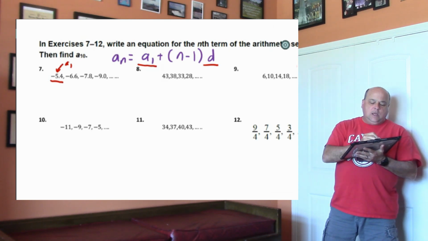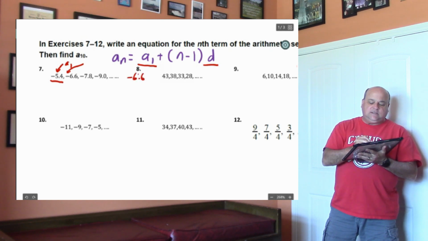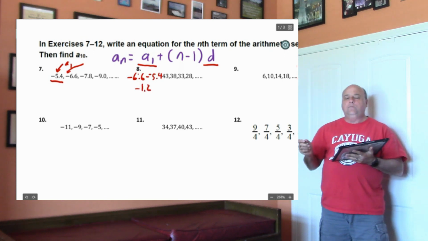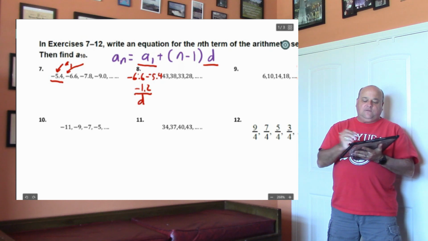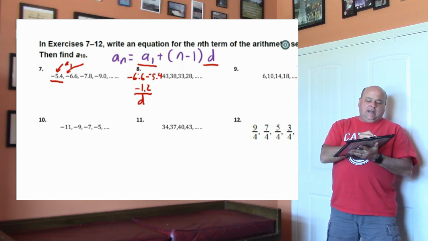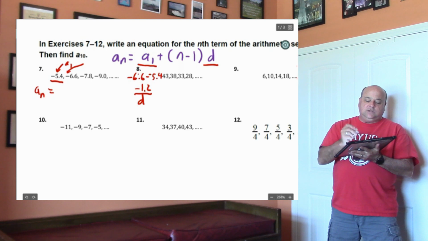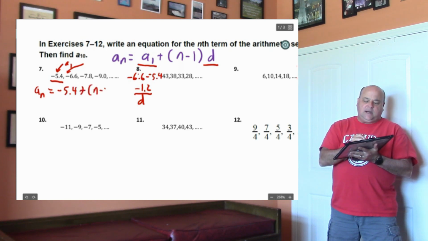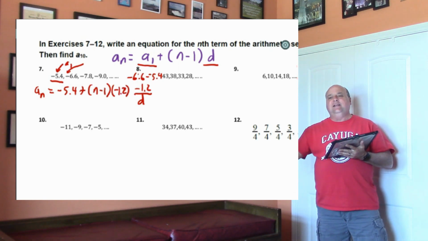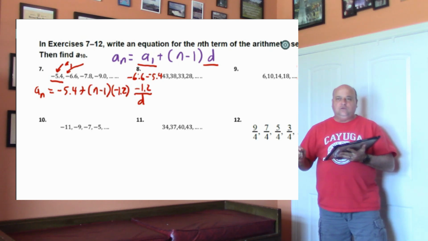You can pick any two, but if I do negative 6.6 minus negative 5.4, I'm going to get negative 1.2. So that right there is my common difference, or d. So we're going to write down a_n equals, the first term is negative 5 4/10, plus, n minus 1, and then my common difference is, in parentheses, negative 1.2. That's all you have to do. Now then, this is kind of backwards because the negative 1.2 is at the end.